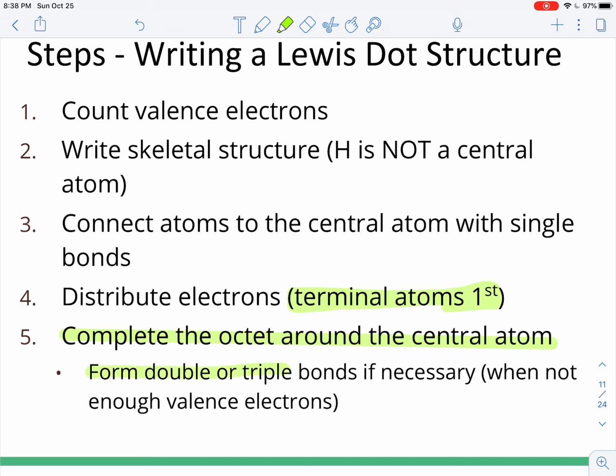And if you haven't, you're going to form double or triple bonds, but only if you need to. Only if you don't have enough valence electrons on that central atom, and if it's not one of our exceptions that we talked about. So H, He, B, Be. Remember, H and He are duets. They're happy with 2 electrons, and B and Be can have less than an octet and be fine.